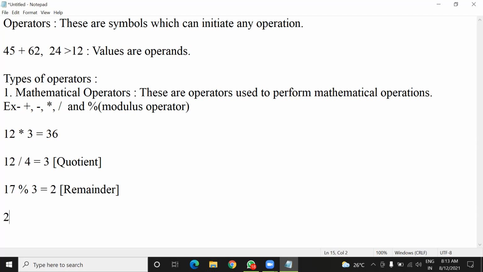Now the second category is the relational operator. Sometimes in another book you will find it with another name, comparison operators.